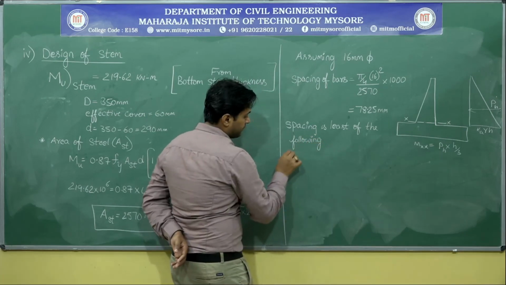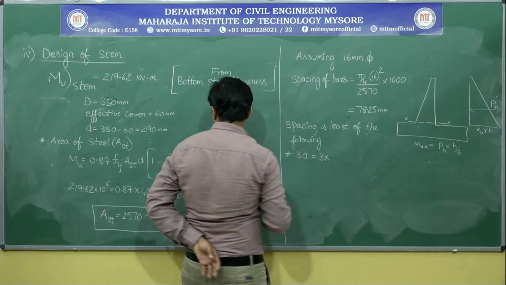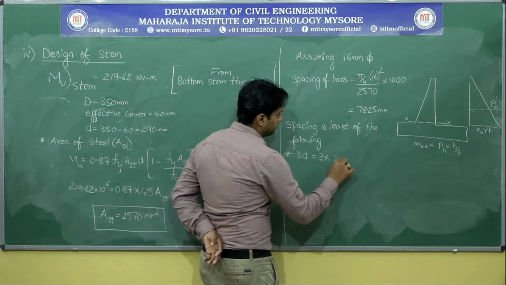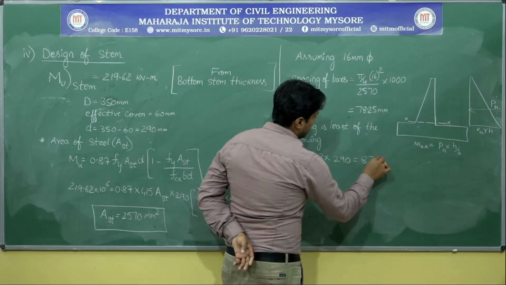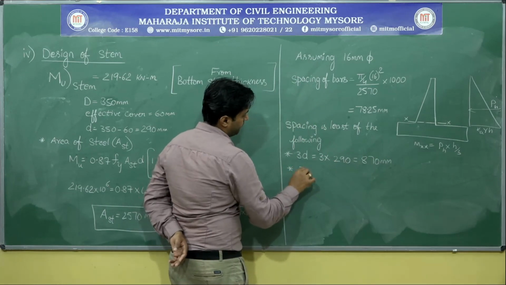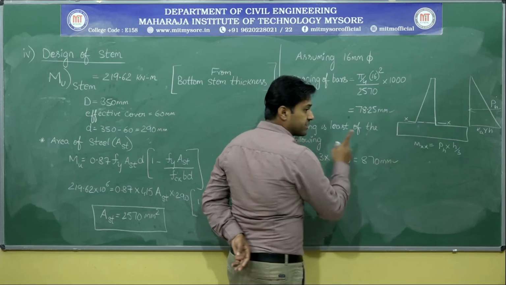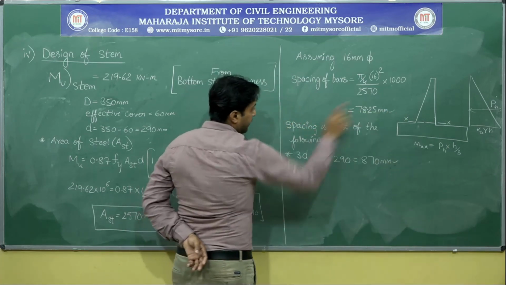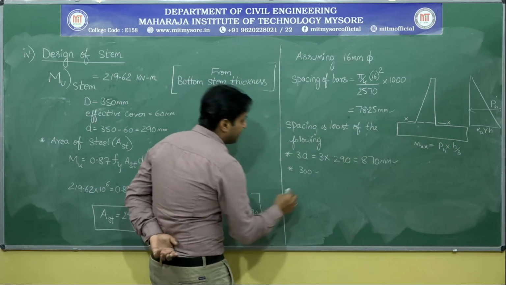The first one is 3 times the effective depth. So it is 3 into, what is the effective depth? It is 290. So 3 nines are 27, 2 6, 870 mm, or 300 mm. Out of these, which is least? It is 78.25. So always go a little bit lower value in an increment of 5.